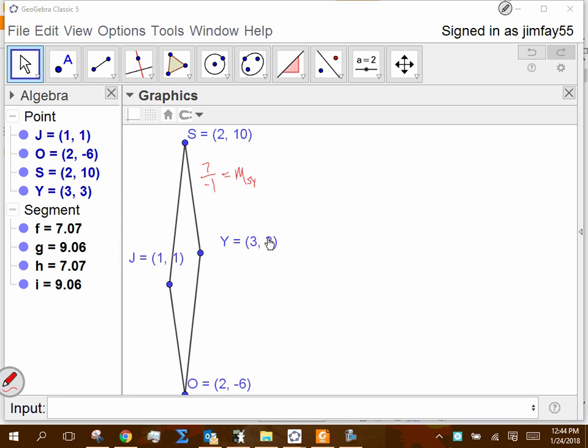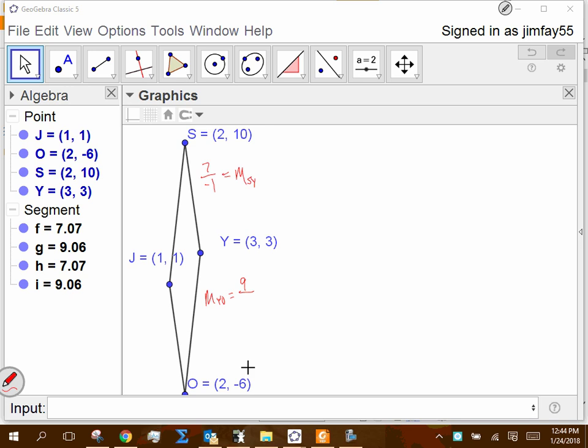Now if I do slope YO, subtract my y's, 3 minus -6 gives me -9, right? Oh, sorry, I messed that up. And this might be beneficial for us to write this down. 3 minus -6, that turns into +9, right?